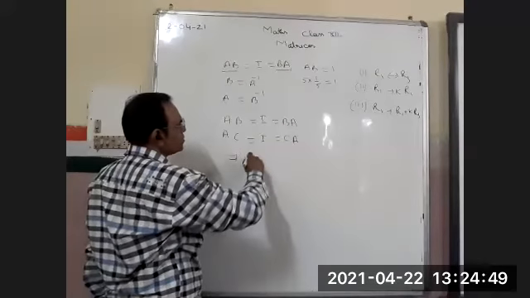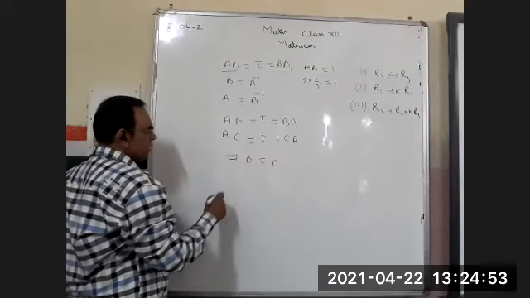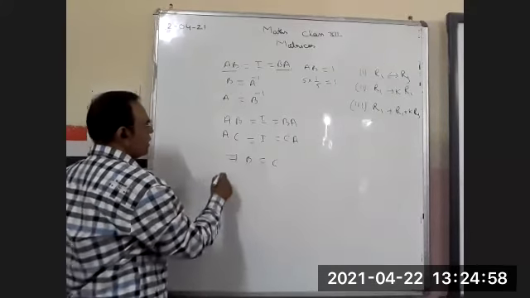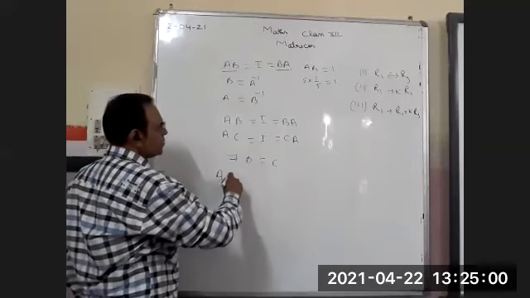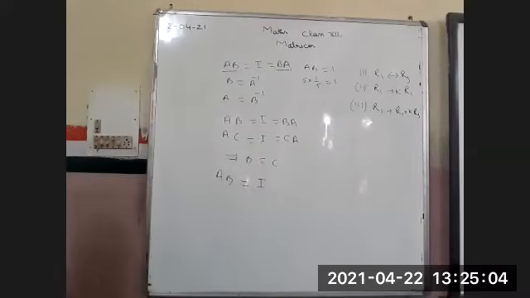How is it possible? We have AB equal to the identity matrix.